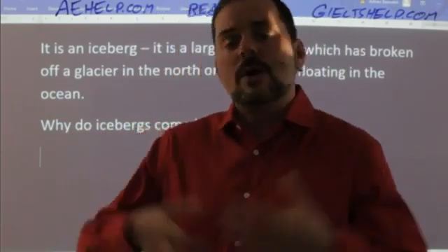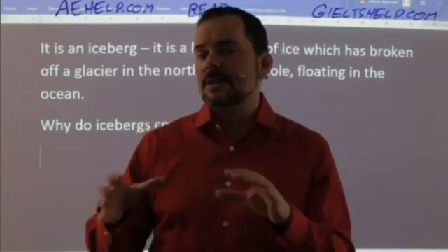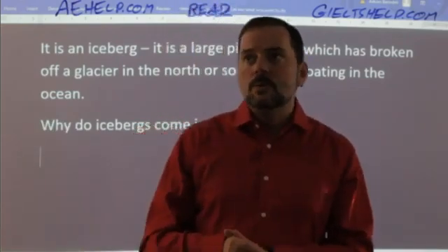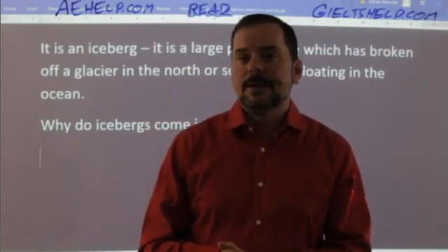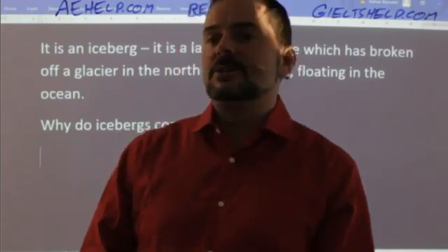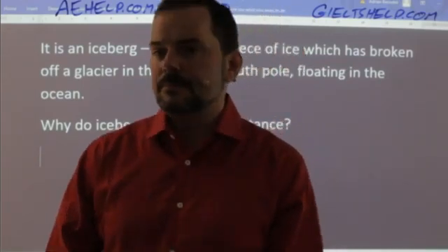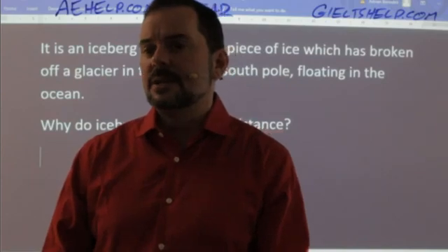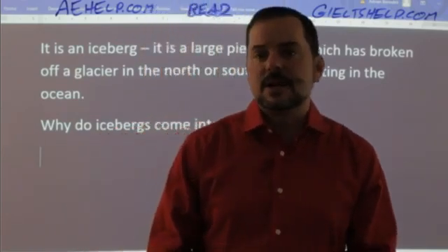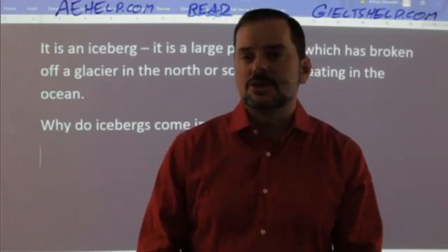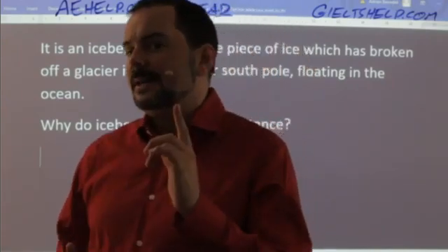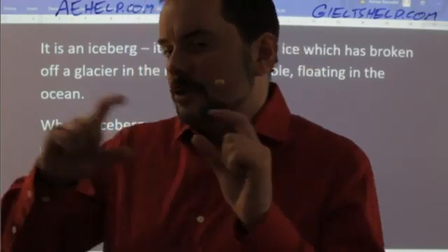Okay, so why do they exist? Why does an iceberg exist? Give me a nice detailed answer. It should be 1 or 2 sentences. Okay, so Saga says the density between water and ice has a difference. That's why this piece splits from the larger glacier. Okay, Saga, the first part is correct.